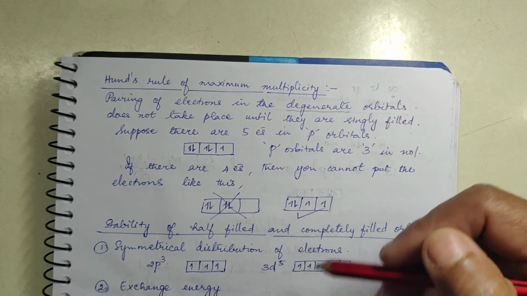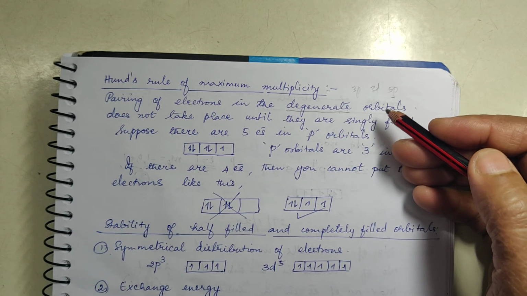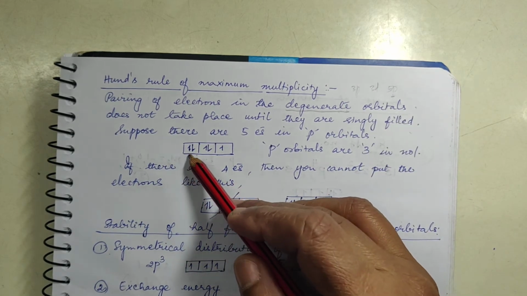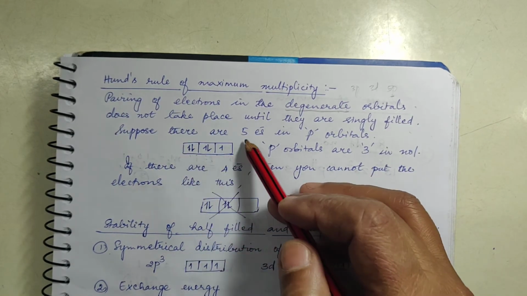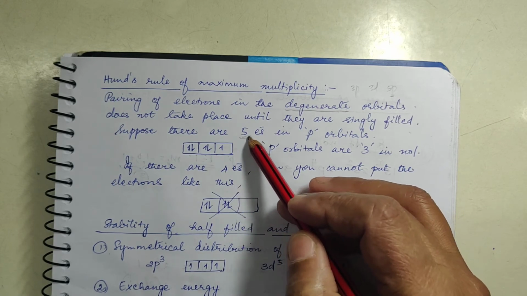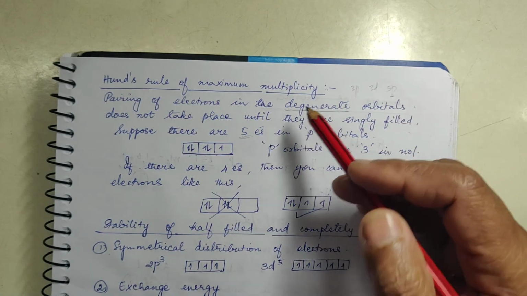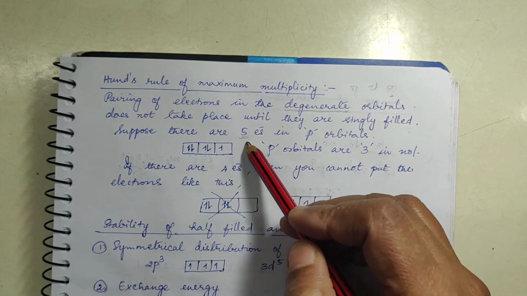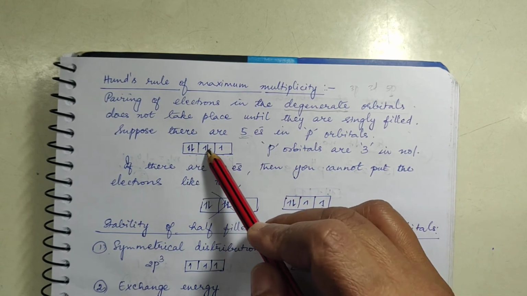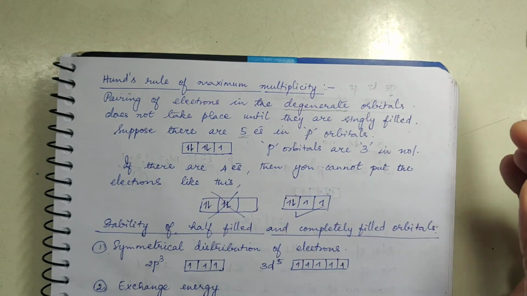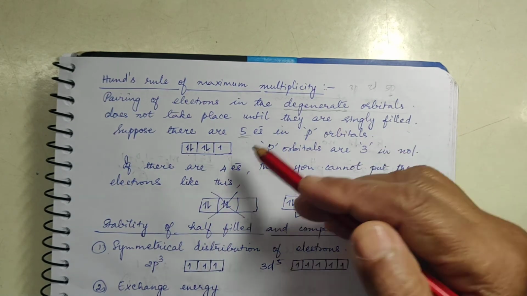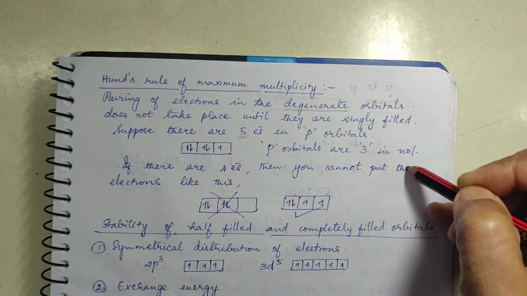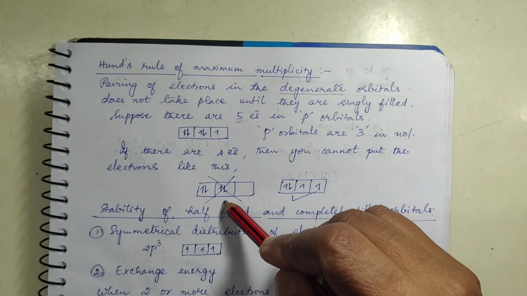Now if you have to fill electrons in such orbitals, then how do you do it? Now all the px, py, pz, all of them are having same energy I said, and you have to fill 5 electrons. Now how do you do it? First you put one electron in each, and then if at all electrons are left behind, then start pairing them up. So if there are 4 electrons, then you cannot put the electrons like this.